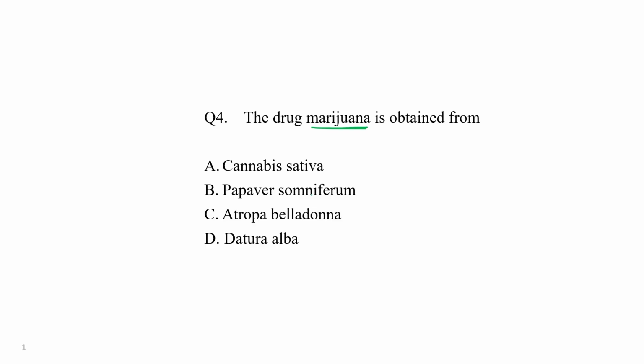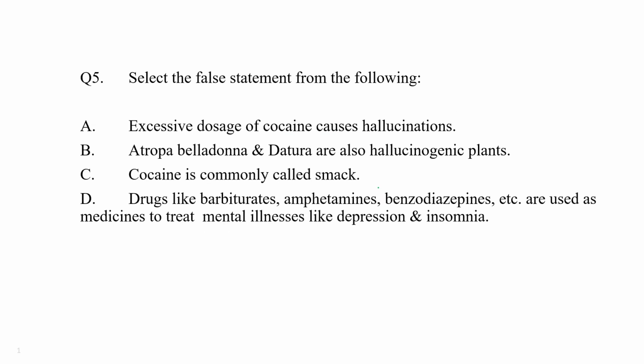Yes, this particular drug, marijuana, is obtained from cannabis sativa. Okay, you have to learn the name of that particular plant and the type of drug obtained from which type of plant.